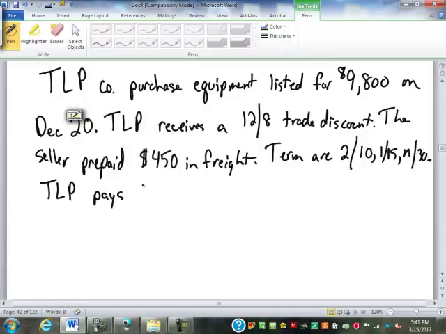TLP pays $3,500 on January 2nd. Find the outstanding balance.